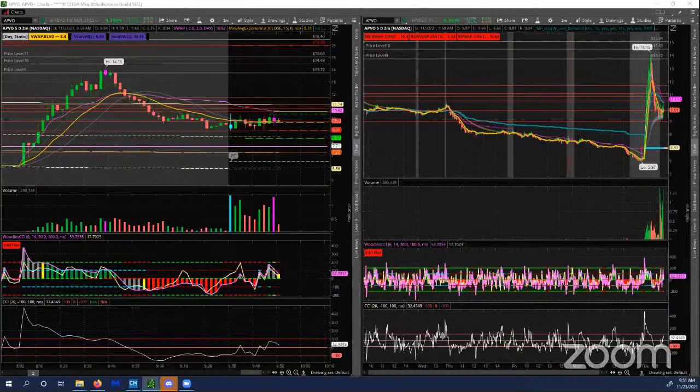Down at 670. Yeah, and if it consolidates up here a little more, shows a little bit more strength, and then we get a wick down there, that would be really nice to see.